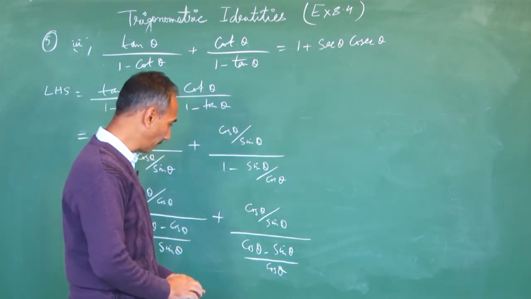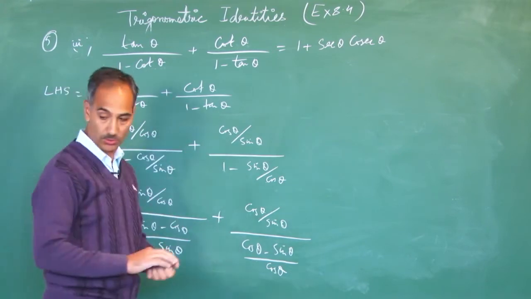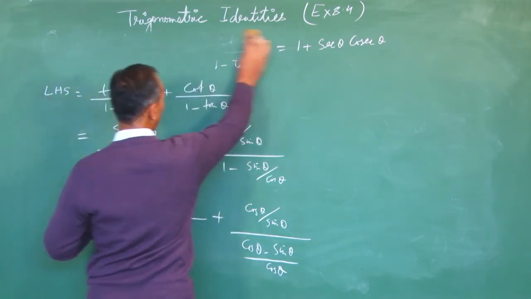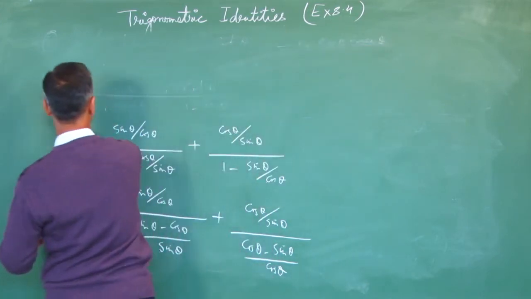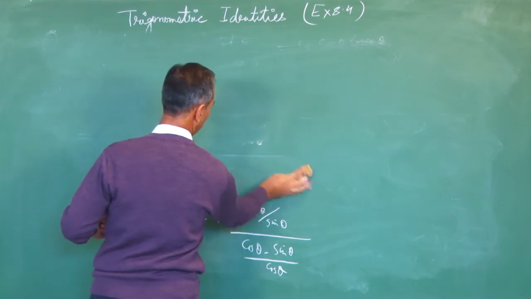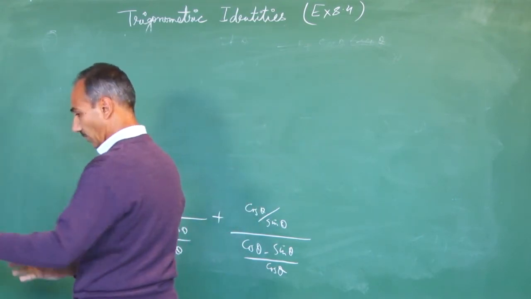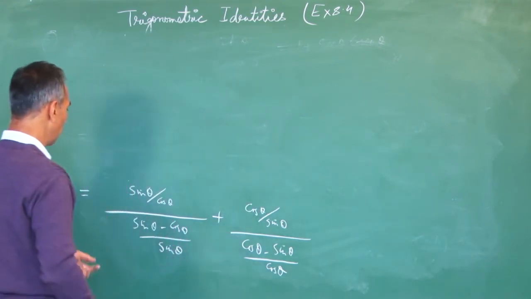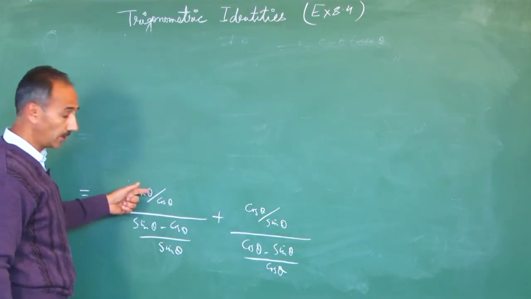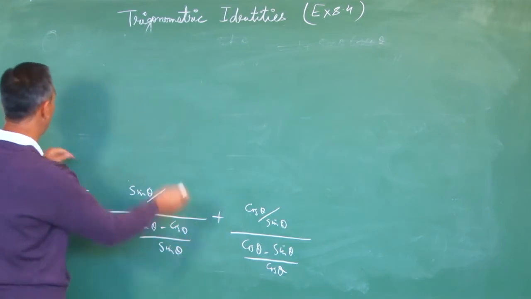Okay. Now I don't have space here. I need to make space on the top, so I will be rubbing this. So you have a rational number in the numerator, again a rational number in the denominator.